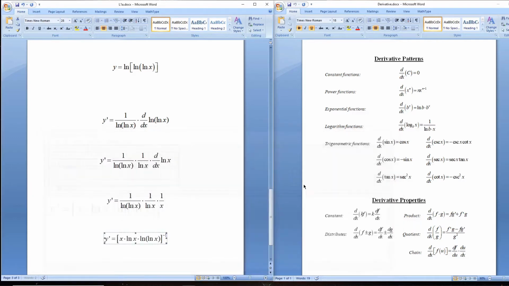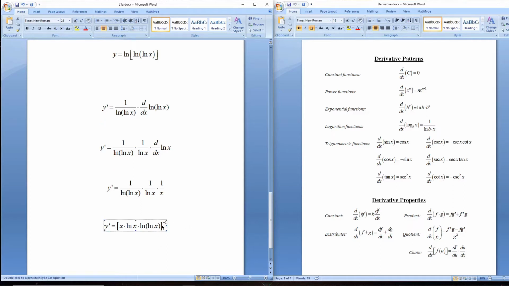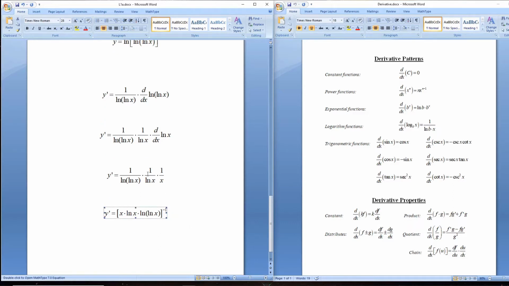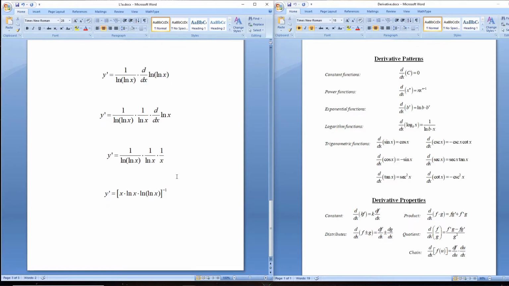We could also write it like that. I know MyMathLab does not like negative exponents for whatever reasons. But this is, I think, actually a better looking answer. But, you know, what's better is subjective. Either way, both of these are 100% correct answers.